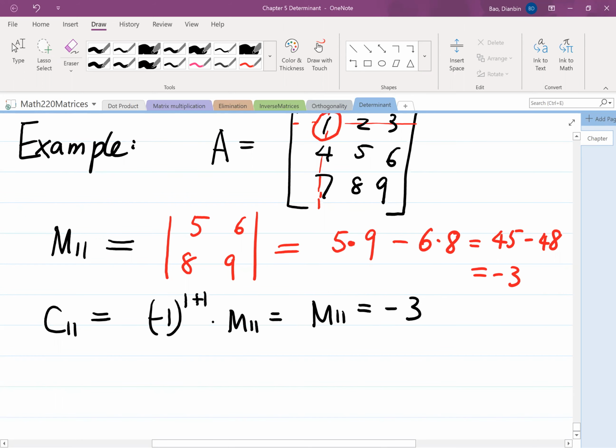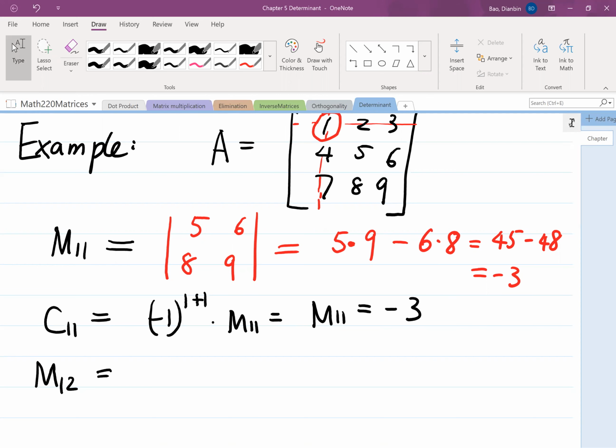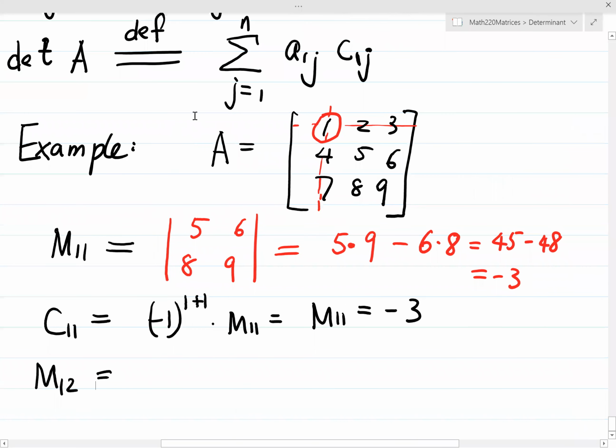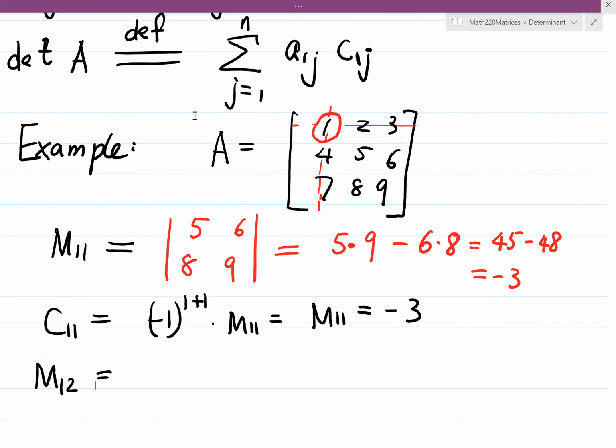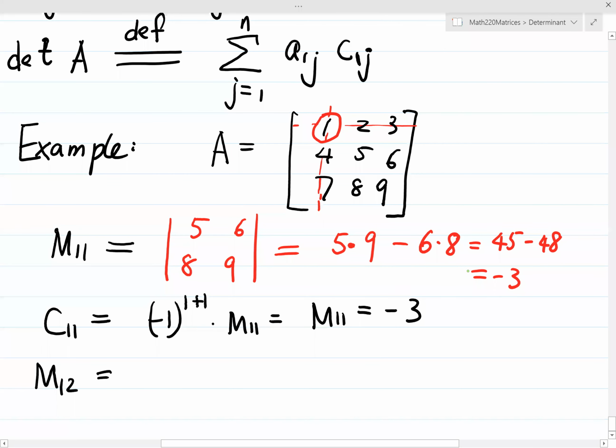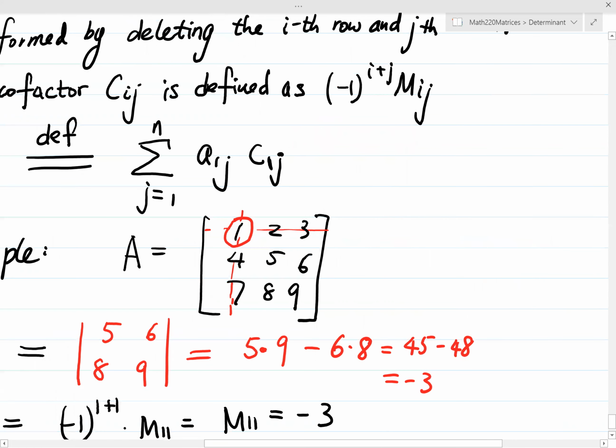So what is M12? M12 is the first row, second column. Let's use green. First row, second column of A. Which entry is that?